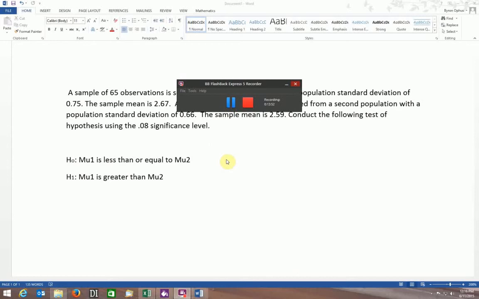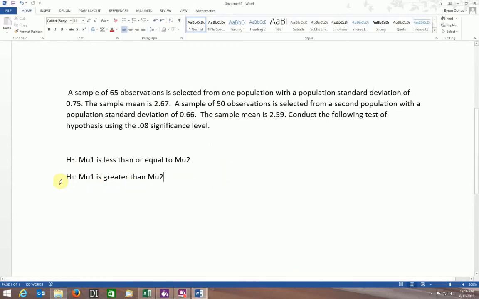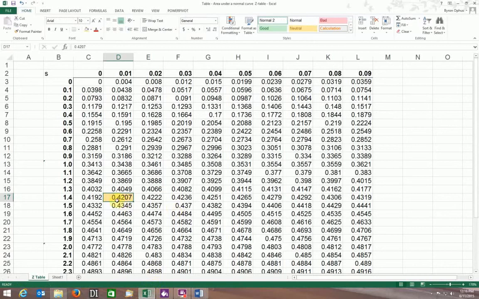Okay, so when I do a decision rule, I tend to look at the alternate hypothesis, and our alternate hypothesis is that mu1 is greater than mu2. So in that case my decision rule is going to be that I'm going to reject the null if my calculated z value is greater than that number that I came up with, the 1.40 or 1.41, or somewhere in that neighborhood, right?